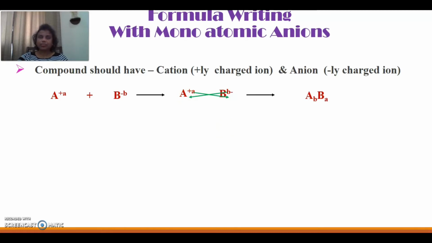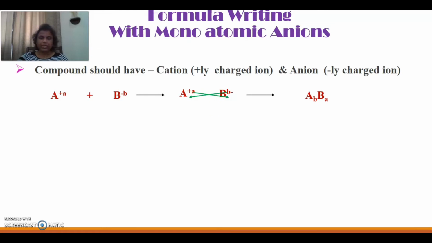As a neutral compound, once you write the formula, the number of positive charges should be equal to the number of negative charges. We'll try one or two examples, then you can find out. Once you do the crisscross, it automatically makes a neutral compound.